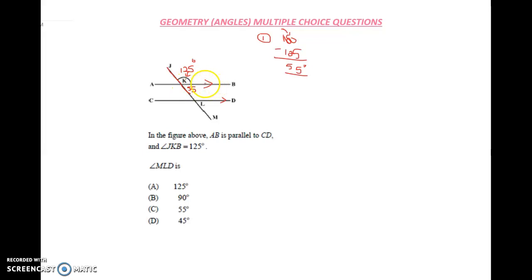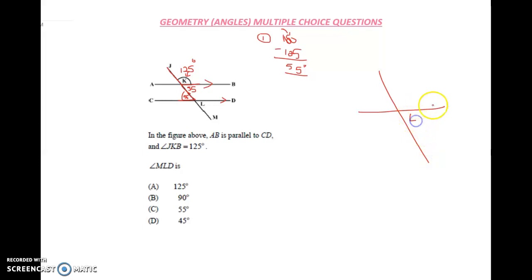Now, next part, AB and CD are parallel, right? So you see any Z form in there? Right. So therefore this means here is also 55, right? And now, a rule here, I'm just going to draw this over so you can see it.